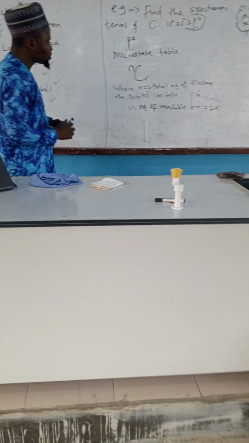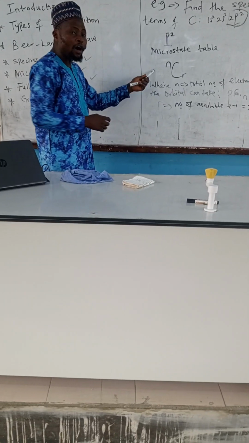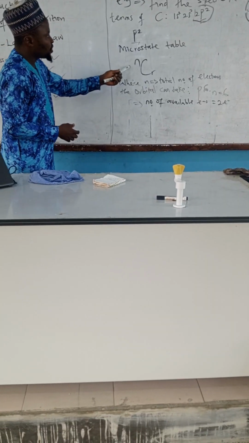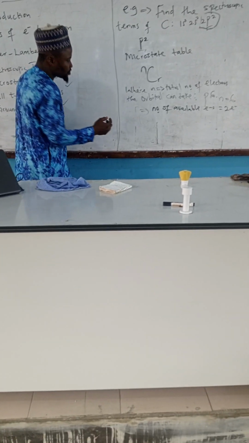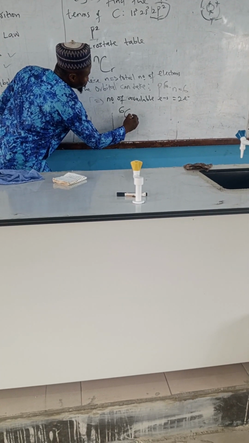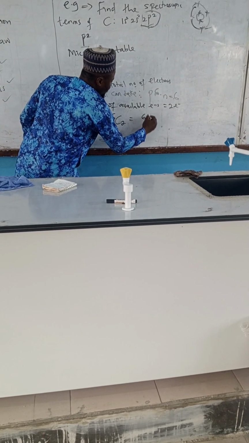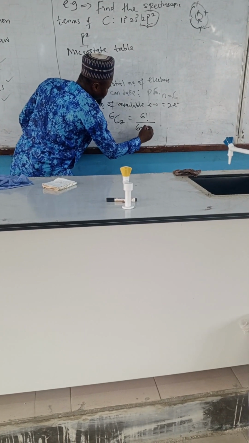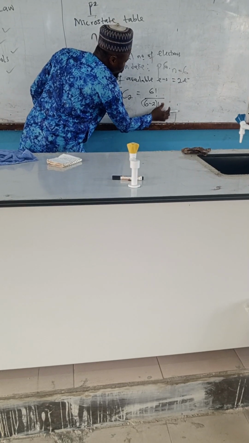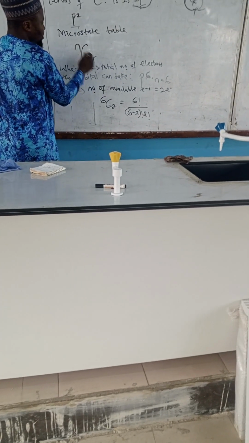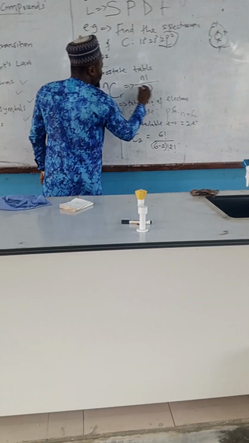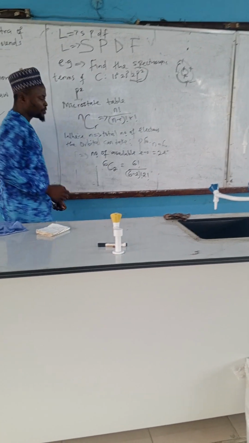To apply this, the number of ways we can arrange these 2 electrons is 6 combination 2, and that is 6 factorial all over (6 minus 2) factorial times 2 factorial, because the formula is n factorial over (n minus r) factorial r factorial.